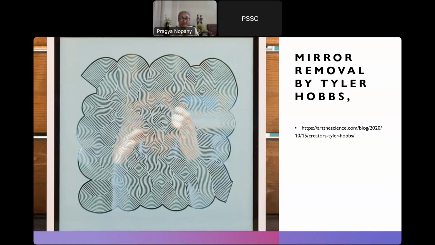Now you see, this art is made on a mirror, not really a mirror, but a partially shining glass plate. And you can see there is a large number of lines, and the lines are all curved. So this kind of mirror-like effect can be created on a glass sheet by making these large number of lines.